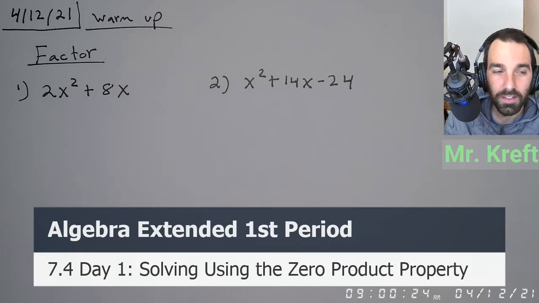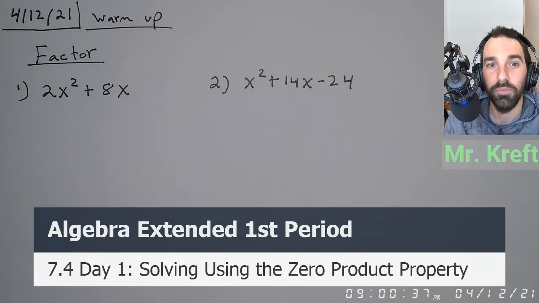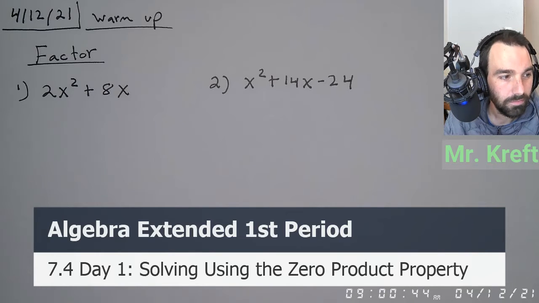So, we had this little warm up here just to remind ourselves what we were doing before spring break. And then what we're going to do today, or this week, the next couple of days, is talk about solving after factoring. Why did we do all this factoring stuff in the first place?